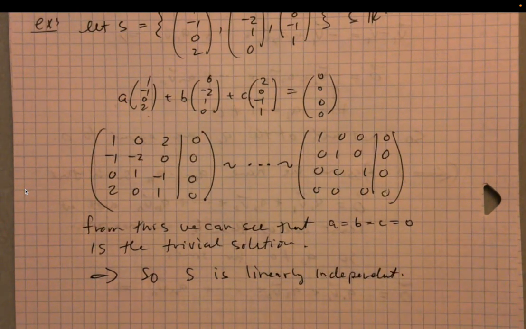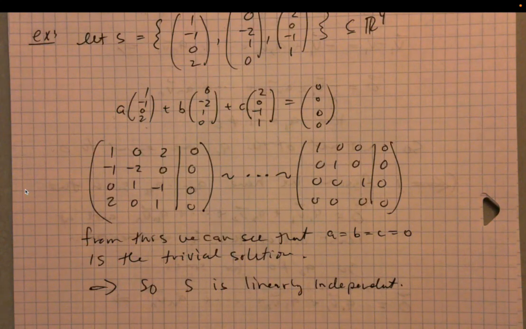Right, that's what that last theorem boils down to. It boils down to looking at the solution space to a particular homogeneous system. And that's the best method that we have for testing for independence.